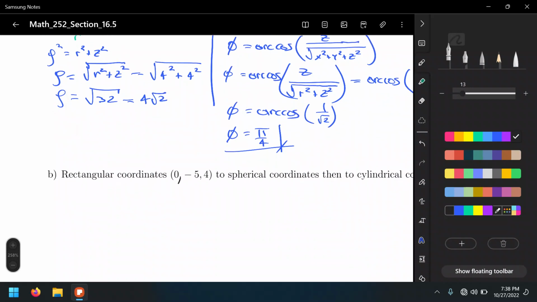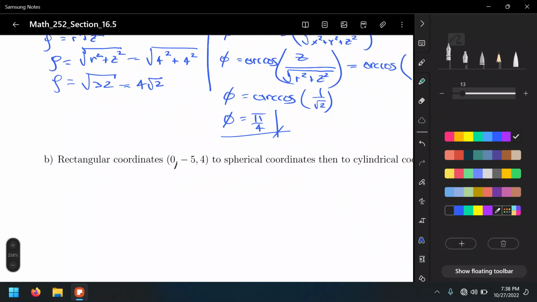Number one, in the same way that we had to find r in polar by using the Pythagorean theorem, the square root of x squared plus y squared, we're going to do something similar to find rho, but in this case it's the distance formula in 3 dimensions.